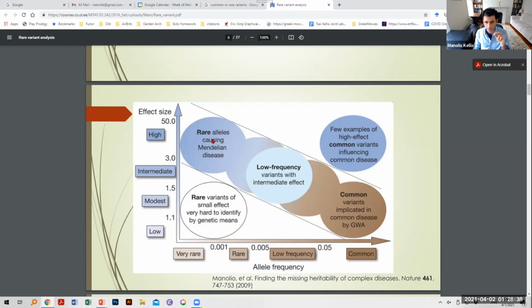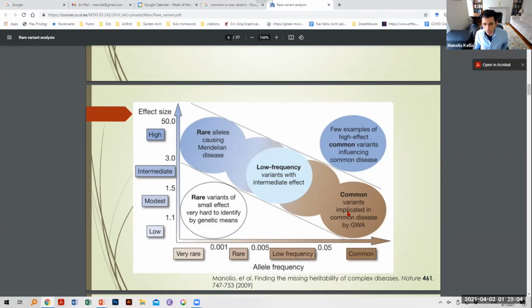The reason for this inverse correlation is that if something has a very strong effect, if it causes a particular disease, then evolution will not let it rise to high frequency. By contrast, if something has a weak effect, then it's perfectly tolerable that it rises to high frequency.